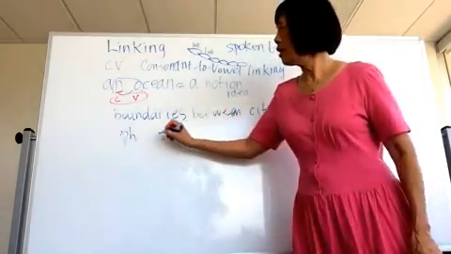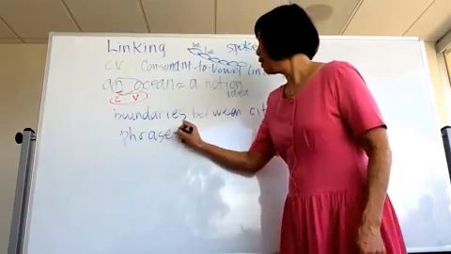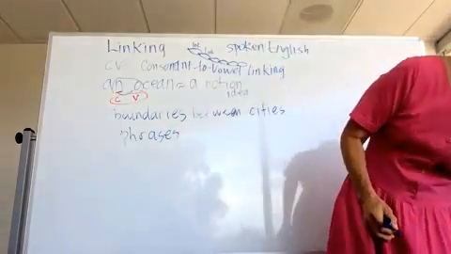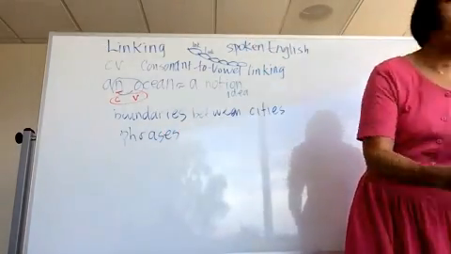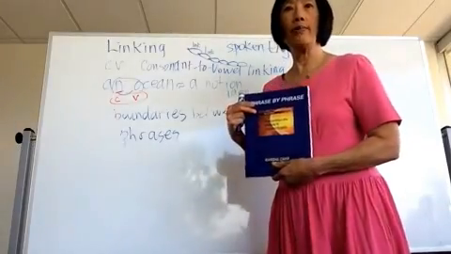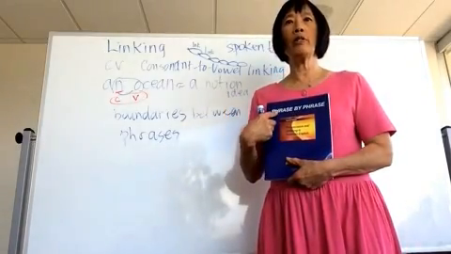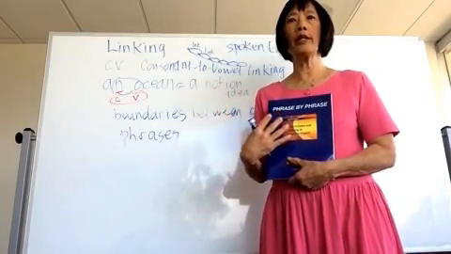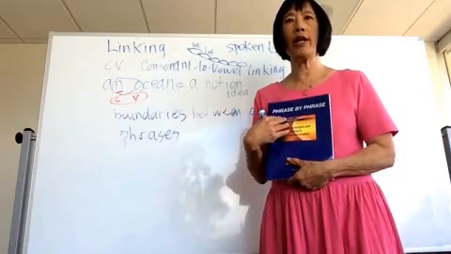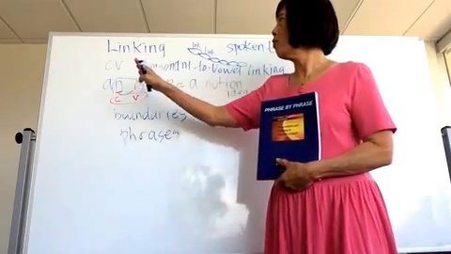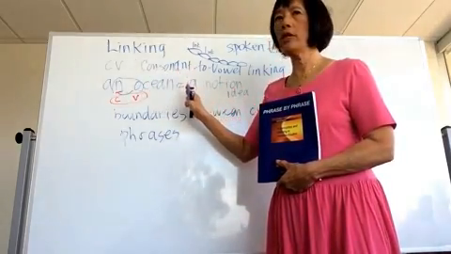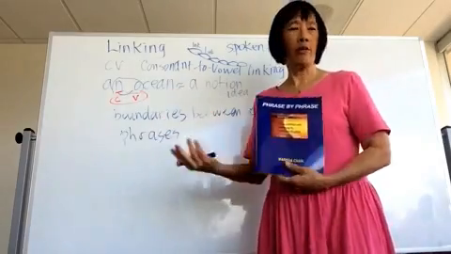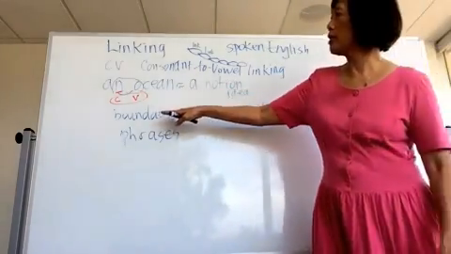So you know that we put the words together in phrases. This is why I call my book Phrase by Phrase, because I want you to be able to link your words together within each phrase, and speak not word by word, but phrase by phrase. So that's the idea I want you to understand.